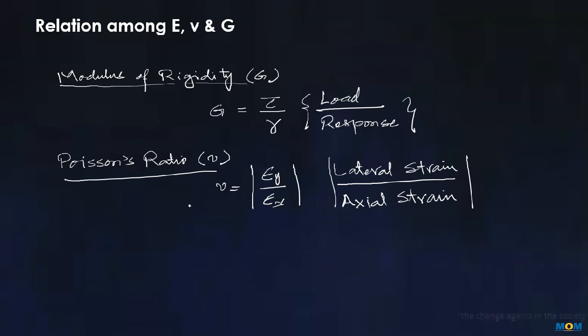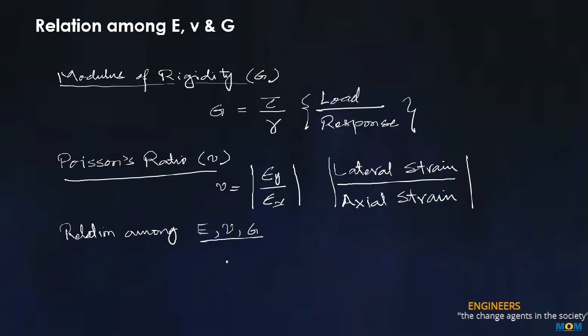Then we have the relationship or the relation among the Young's modulus, Poisson's ratio, and modulus of rigidity, and this is G is equal to E upon 2 times 1 plus nu.